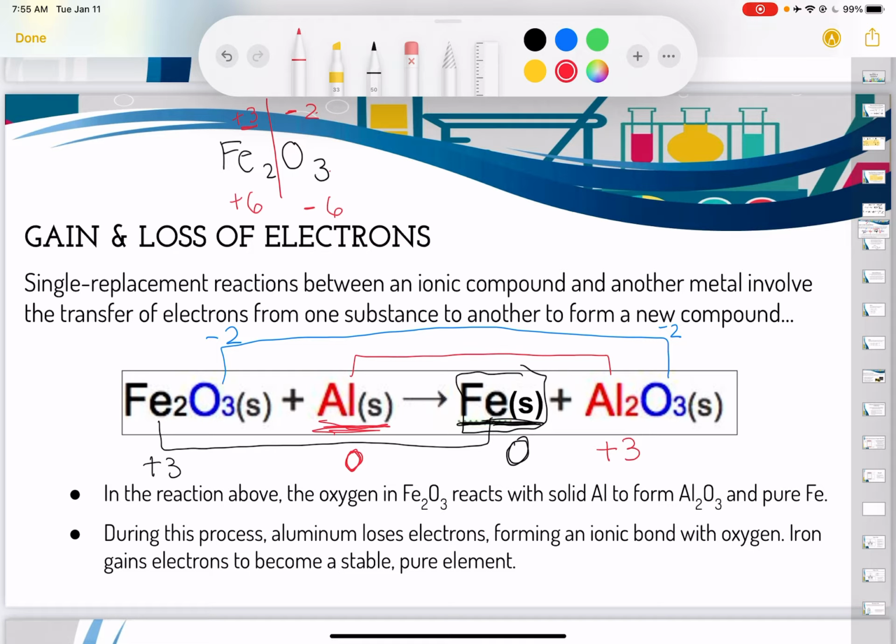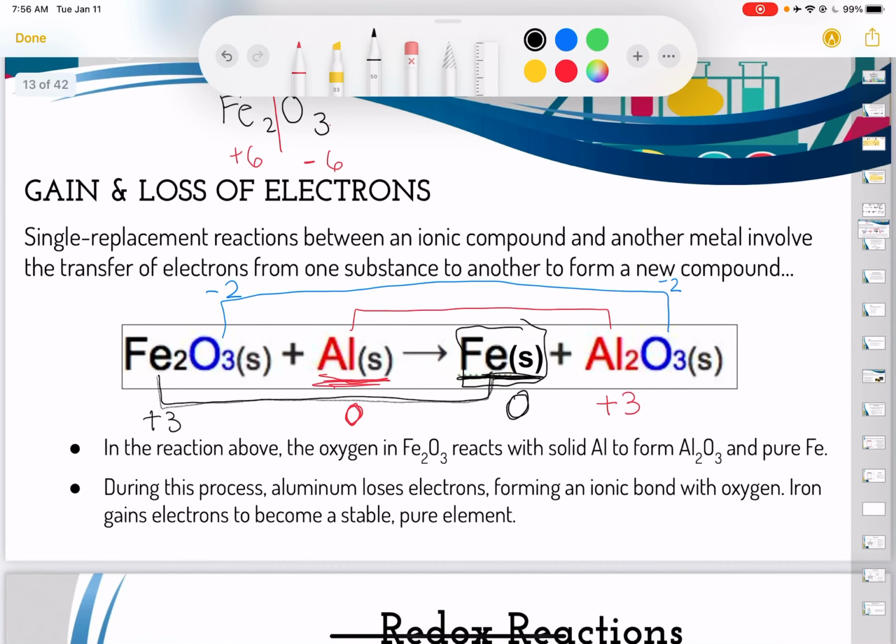Okay. So now that we know this, we can analyze each of these little reactions. Basically what we're doing is analyzing the lines that I gave. Okay, so let's look at iron from one side to the other. From iron, it goes from +3 to 0, okay?